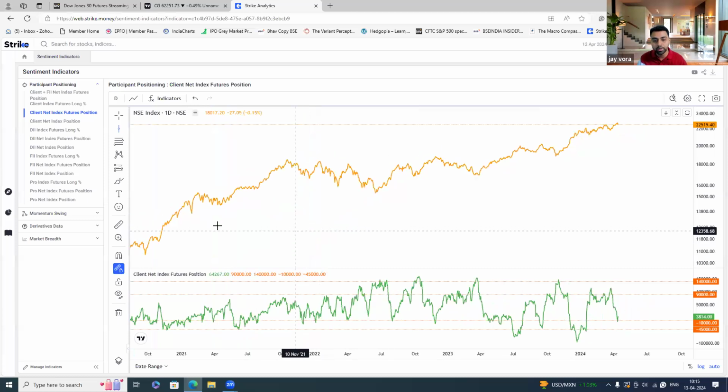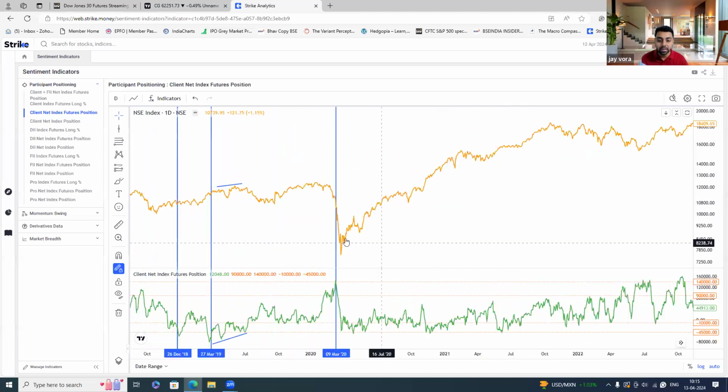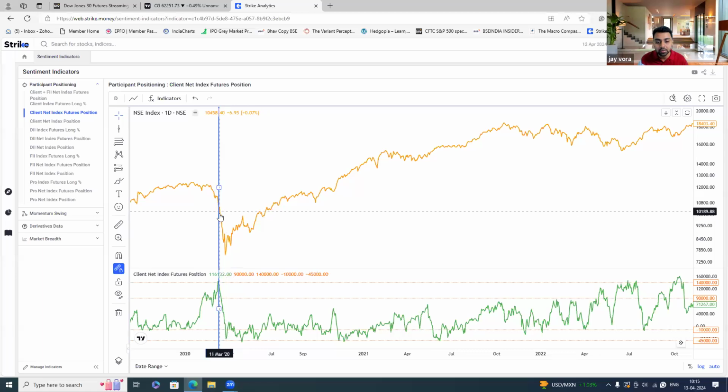So over here, COVID was basically the only time where there was a significant drawdown in the open interest as well. This part we will come to in a while, but you could see that at this point, when their long position was at its peak, there were some meaningful intraday bounces that we had got.